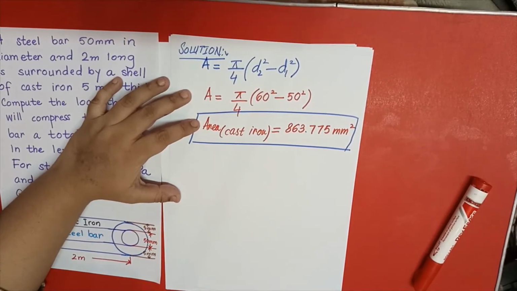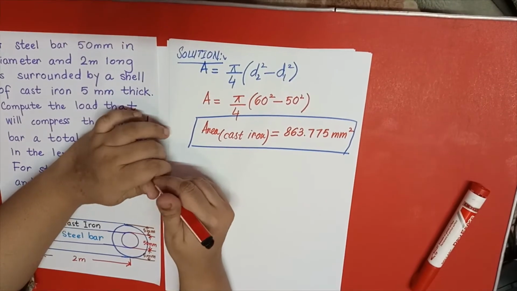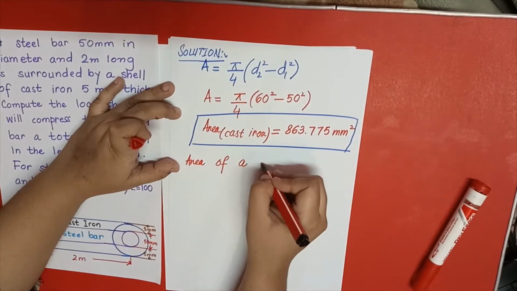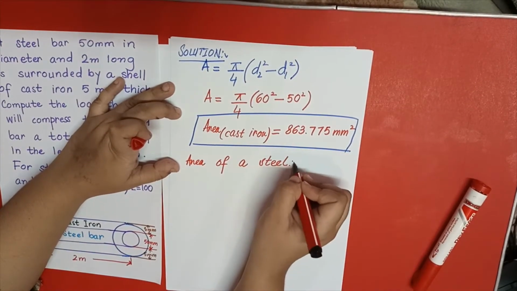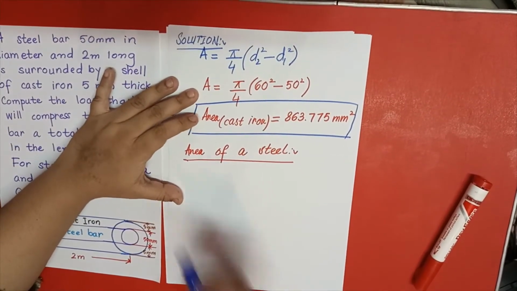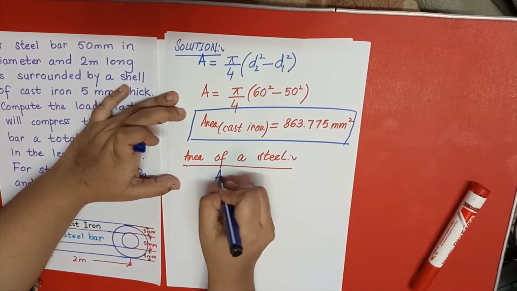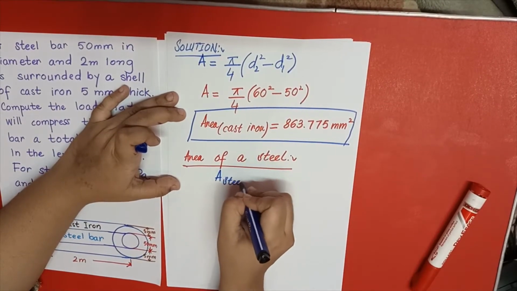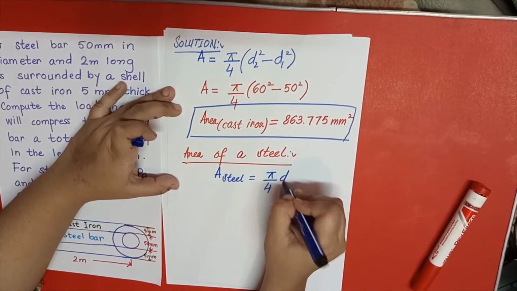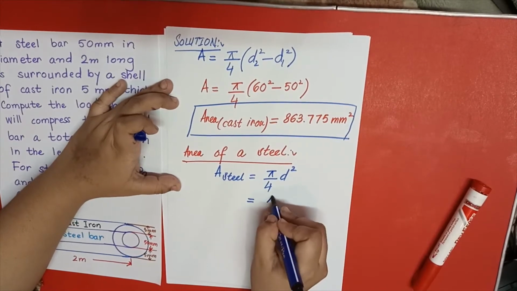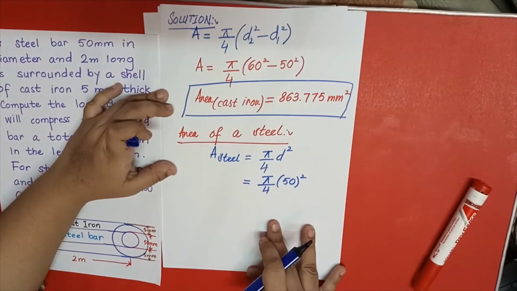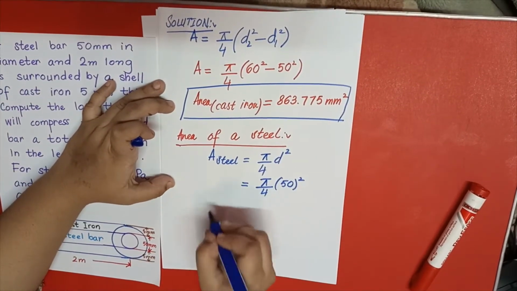Now I am moving on to find the area of the steel. How can we do that? The area of steel equals pi by 4. The area of a cylinder is pi by 4 multiplied by 50 square, because the diameter of the steel is only 50.